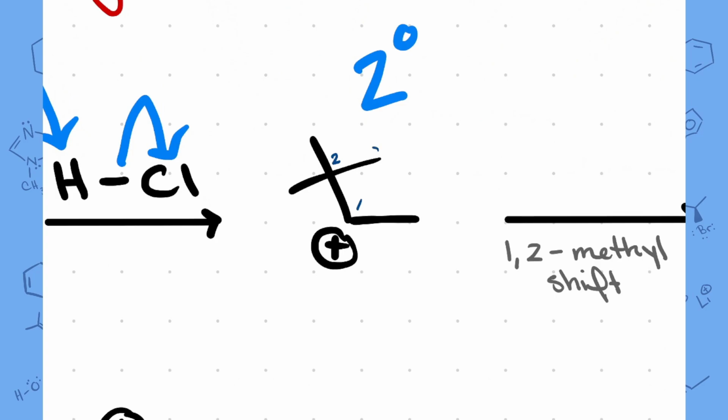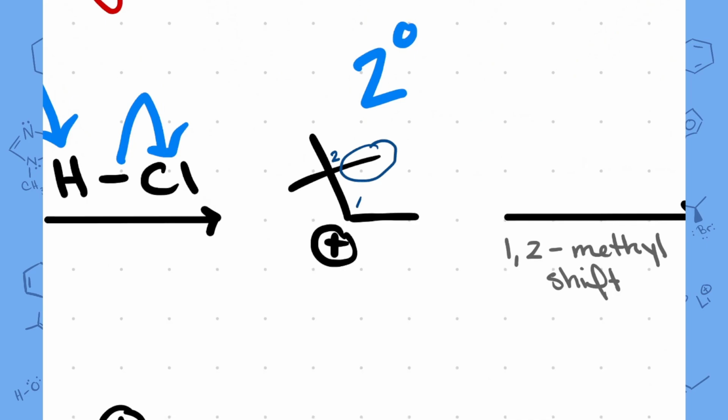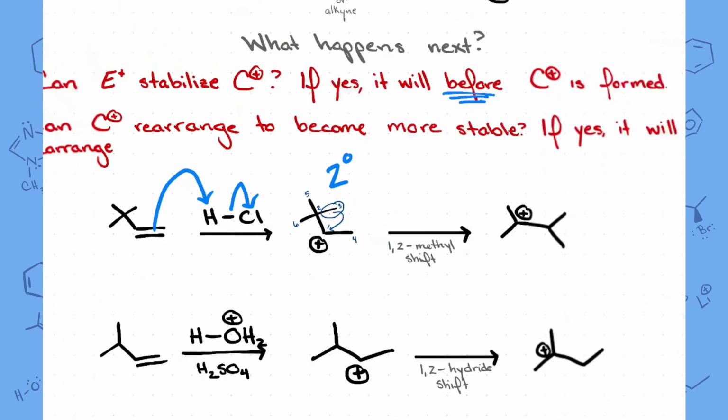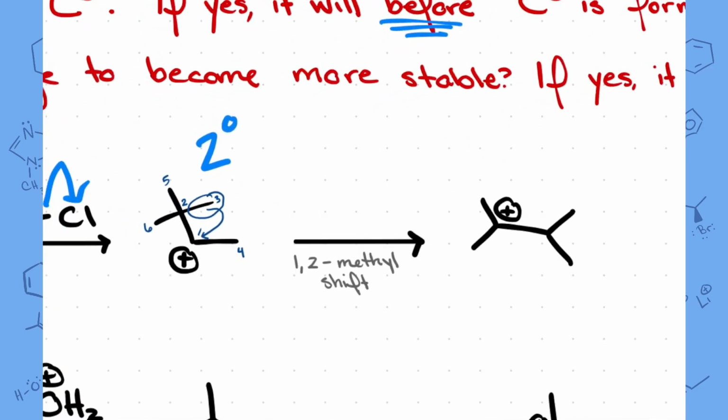So for a methyl shift, we move this whole CH3 and those electrons, and we move them to where the carbocation is. In instances like these, it might be easier to give every carbon a number and then look and match up.